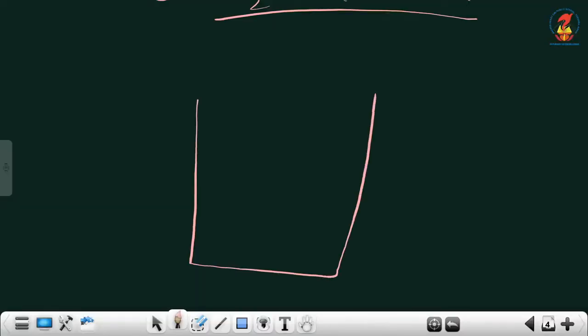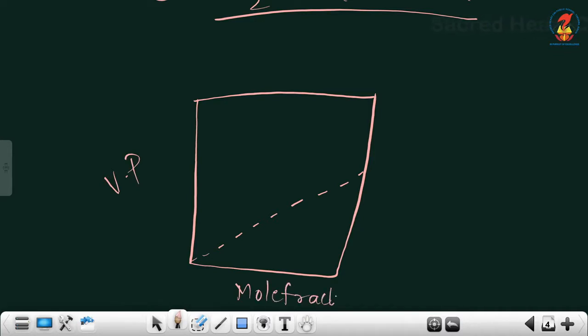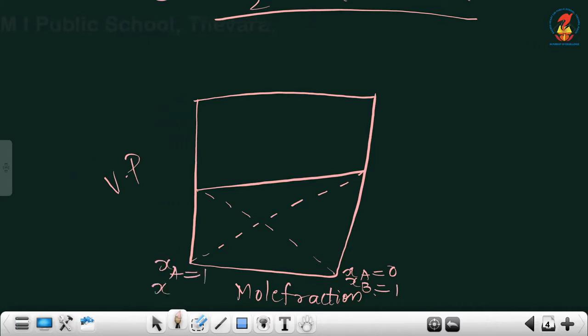This is the graph we drew for vapor pressure against mole fraction. Here we have XA equal to 0, XB equal to 1. Here XA equal to 1, XB equal to 0.